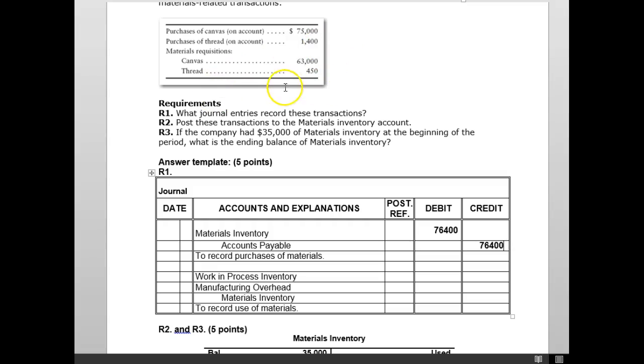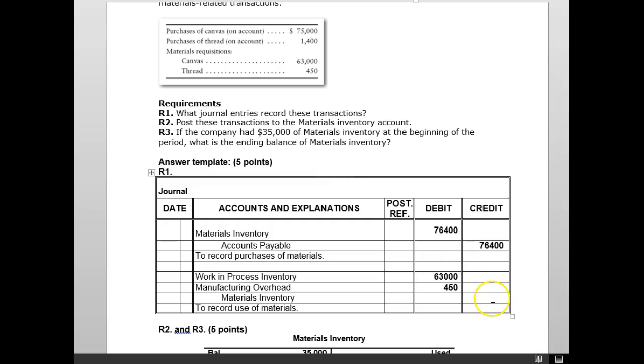So we're looking at $63,000 in canvas. Now that would be right into work in process, because we know that is a direct material. Then you have an entry here that says manufacturing overhead, and that's going to be for the thread, because the thread is very difficult to assign so much to each backpack.